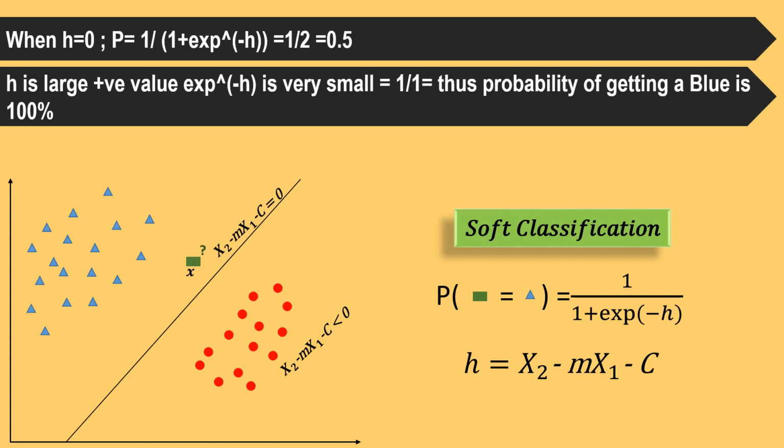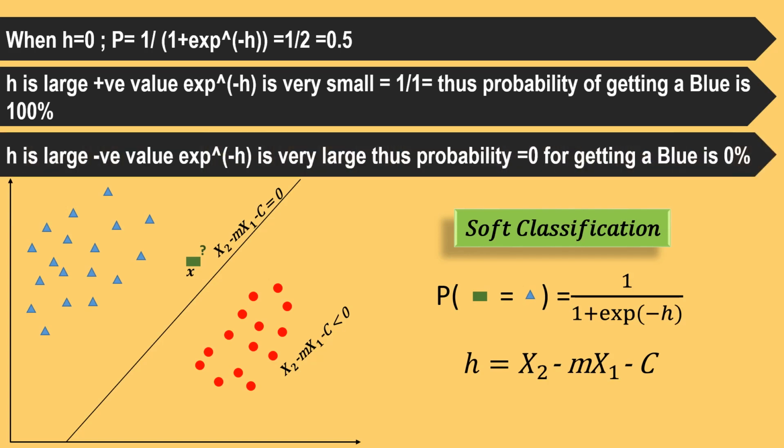Let us take the third case, when the h value is a very large negative value. So when h is negative, minus h is already there, and again the value is negative, so minus into minus becomes a plus, which is a very high value. Exponential of a very high value will give you a very large value.